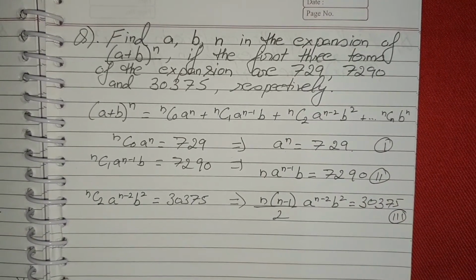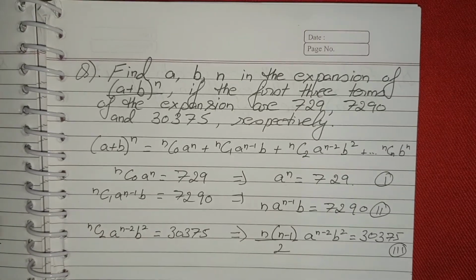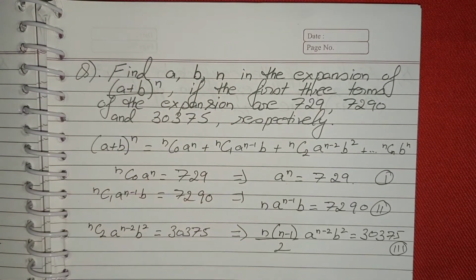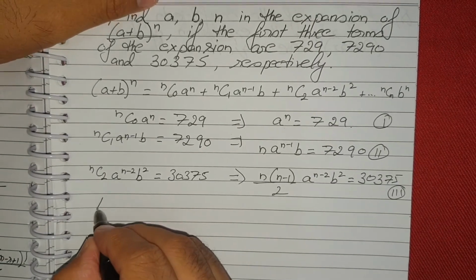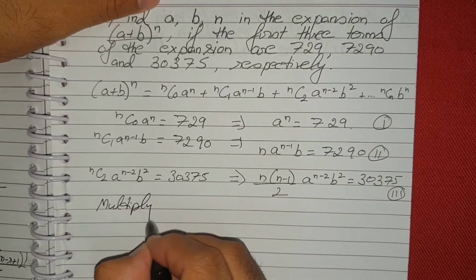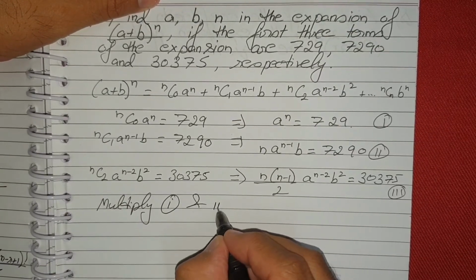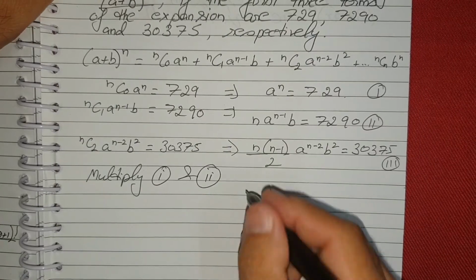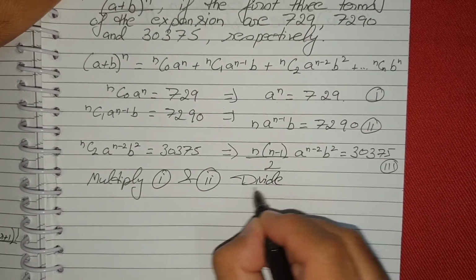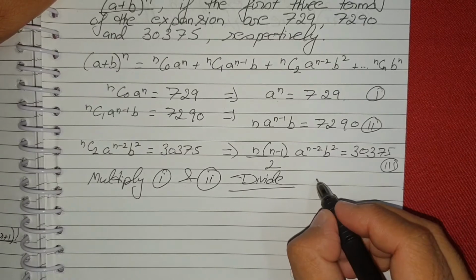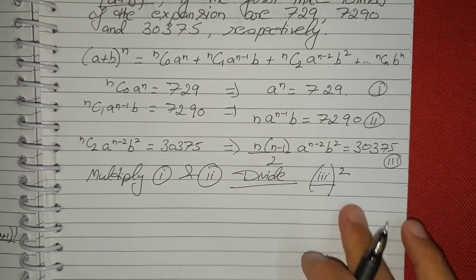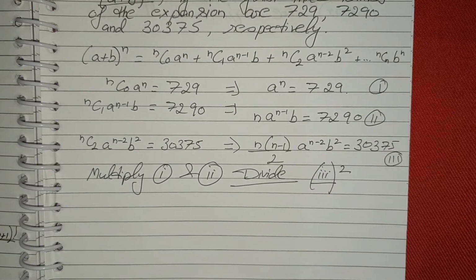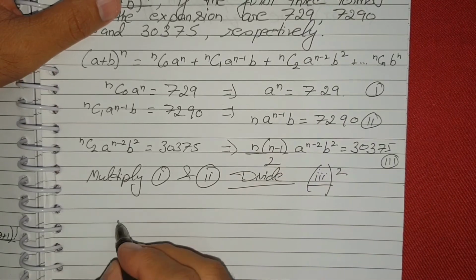Now basically we have to solve these equations simultaneously to get the values of a, b and n. There are three terms, we have three equations. So it is just a method of solving. My next step is I will multiply equation 1 and equation 2, and then divide by the square of equation 3.